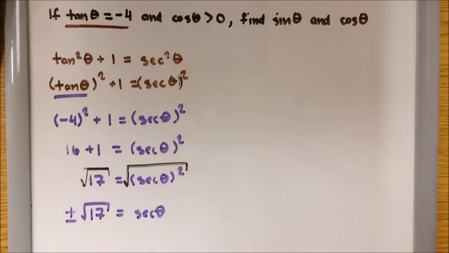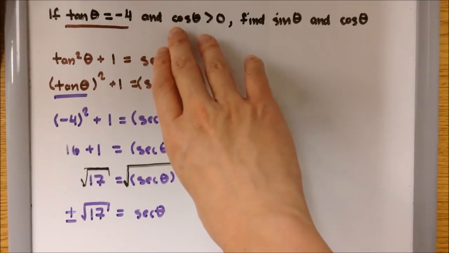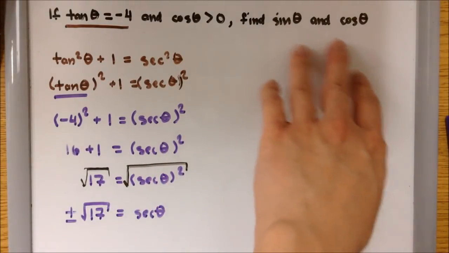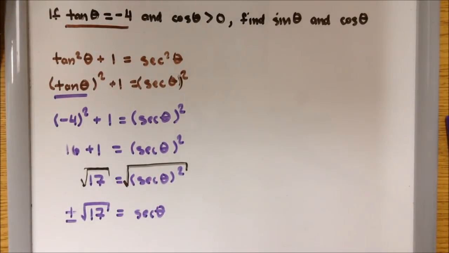Now, this right here plays into part of cosine theta is greater than 0. Now, we have positive square root of 17 and negative square root of 17 equal to secant theta. But that's still not going to help us find the value of cosine and sine. But going from the previous section, we covered reciprocal identities.